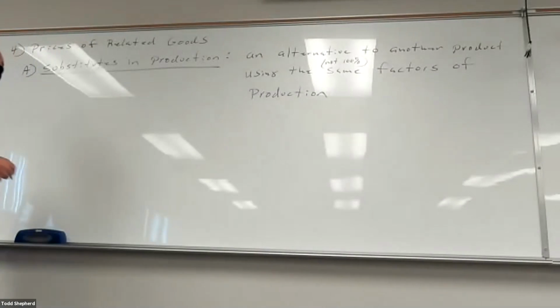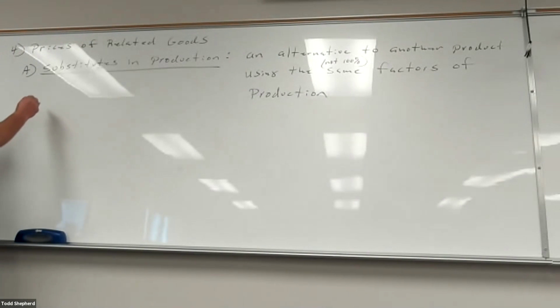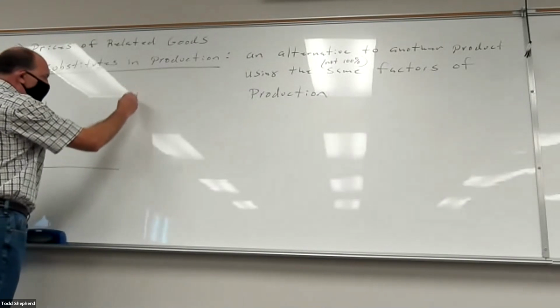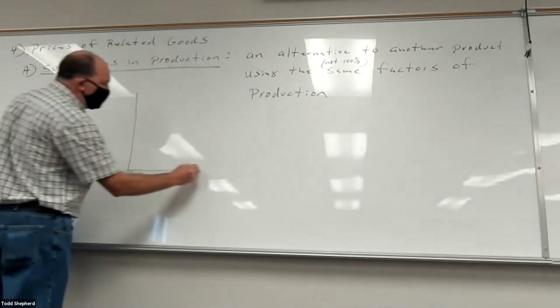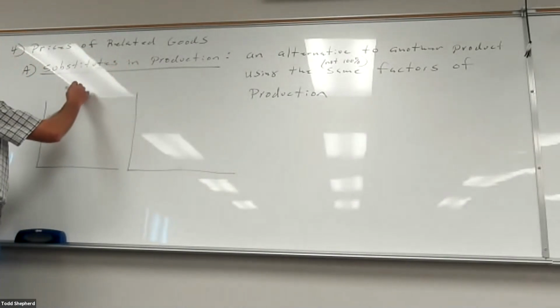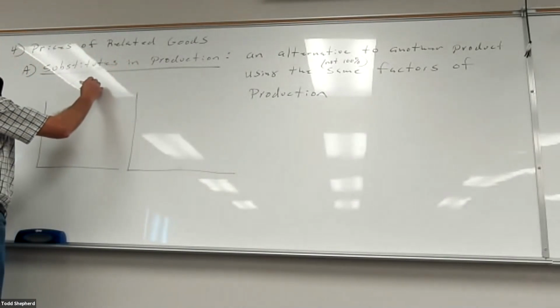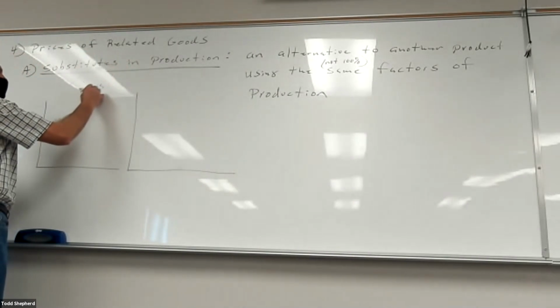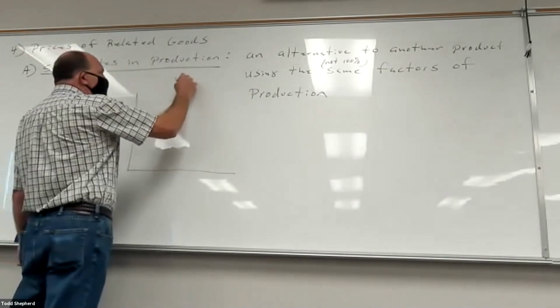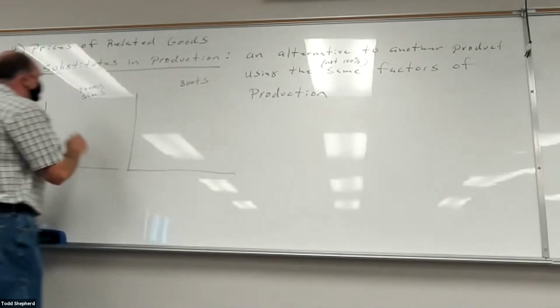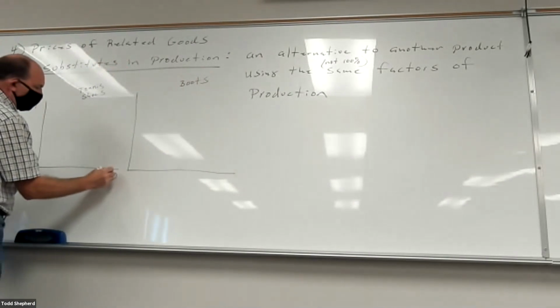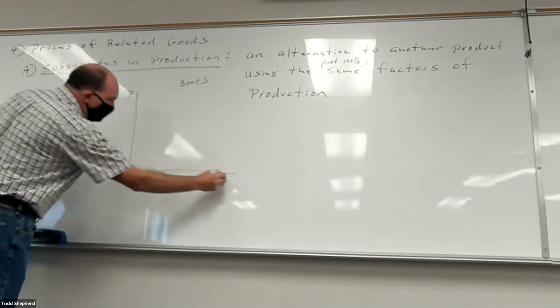Okay, so let's say that we are a shoe manufacturer. And as a shoe manufacturer, we can produce 2 products. We can either produce tennis shoes or we can produce boots. All right, so price, quantity, price, quantity.